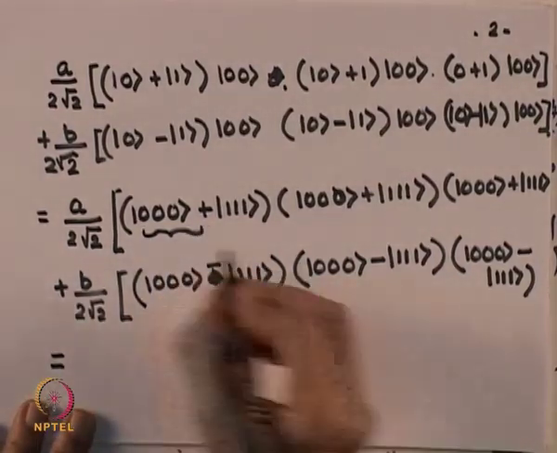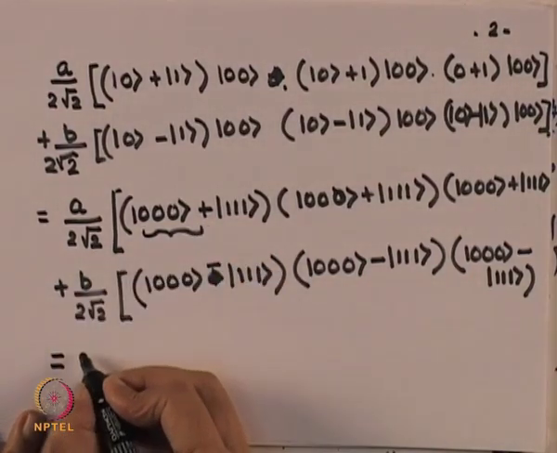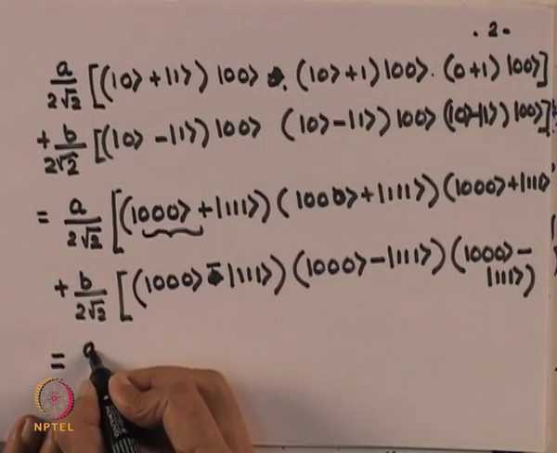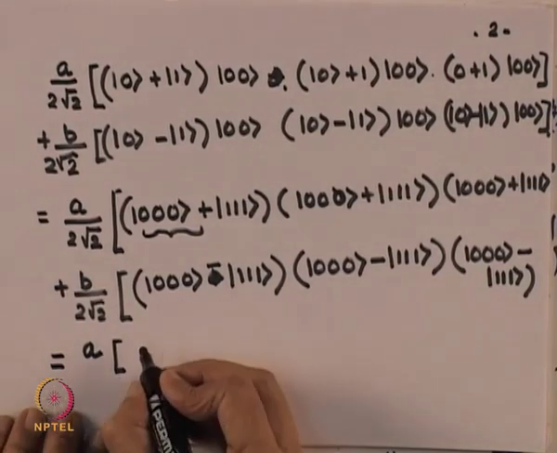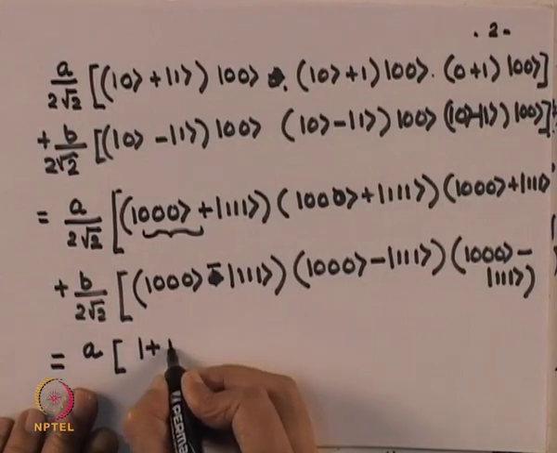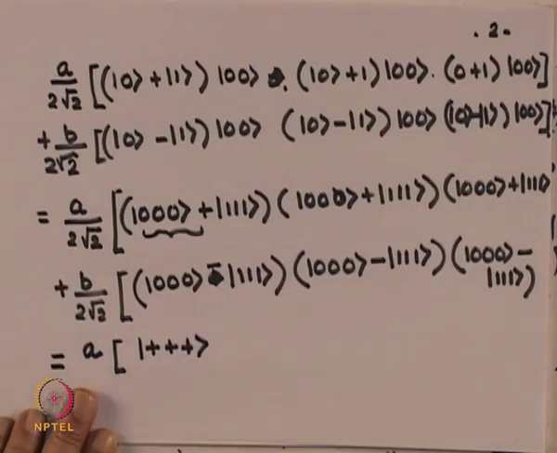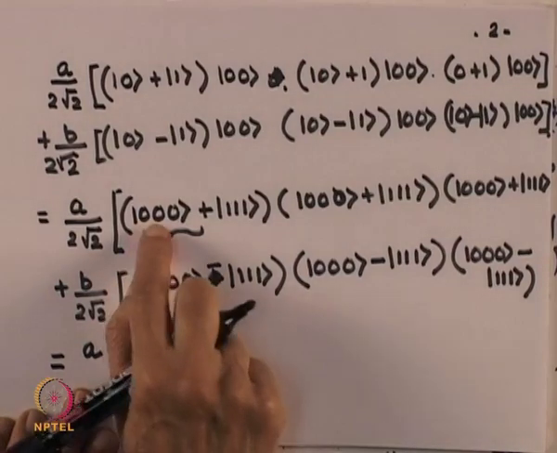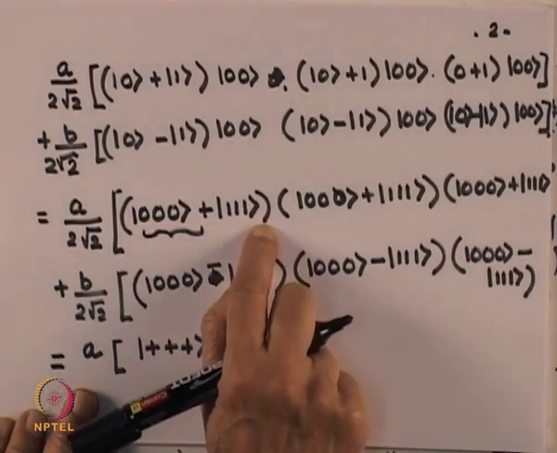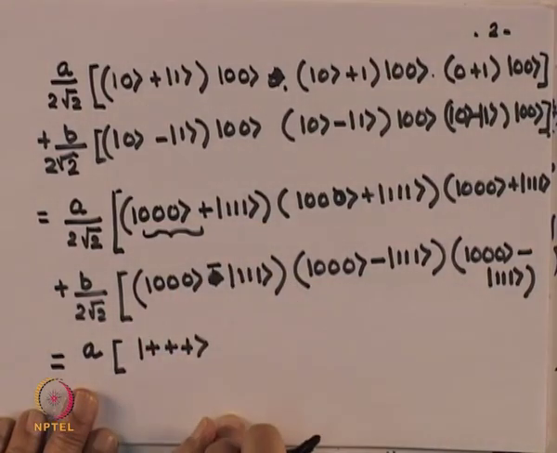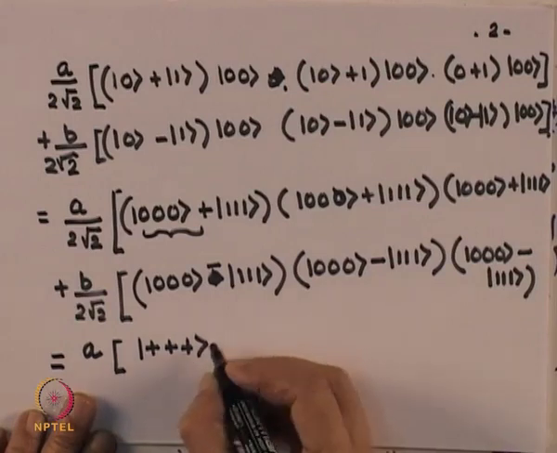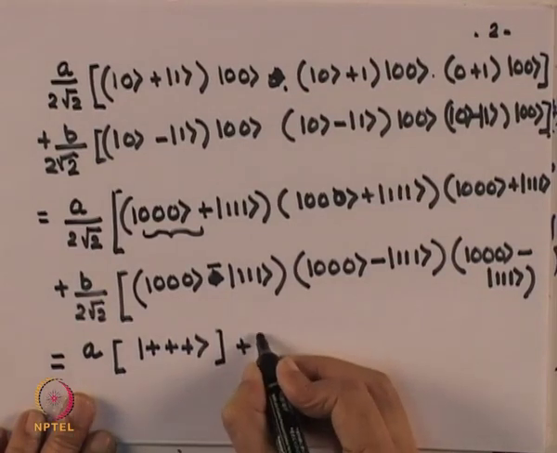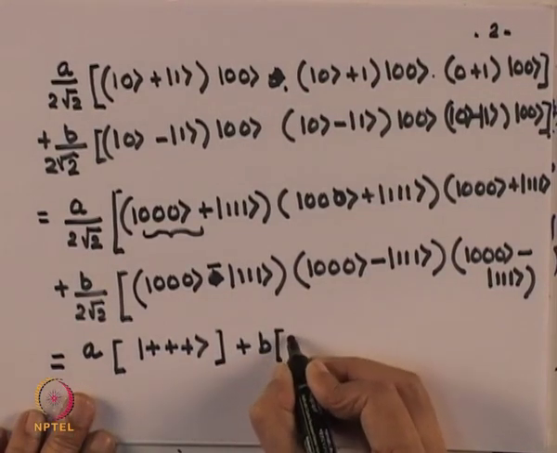So this whole combination, we will say a times plus plus plus. So this is the shorthand notation for this thing, that each plus stands for 0, 0, 0 plus 1, 1, 1, not to be confused with 0 plus 1 by square root of 2, that as we have been doing, and plus b times minus minus minus.